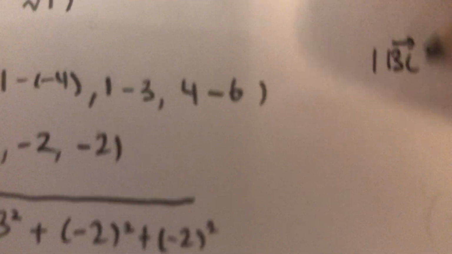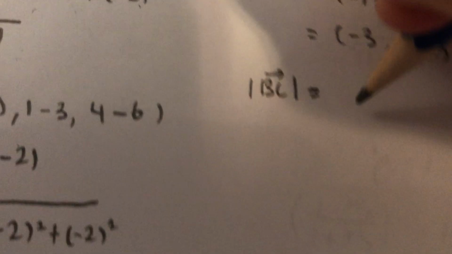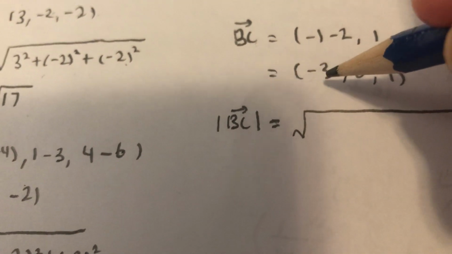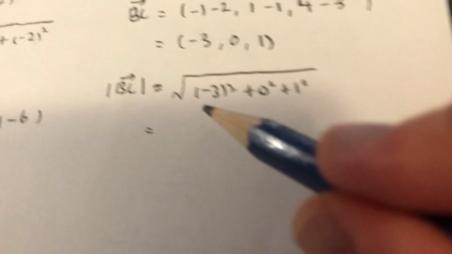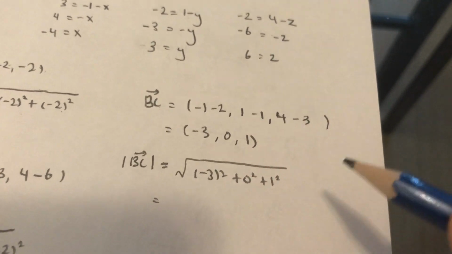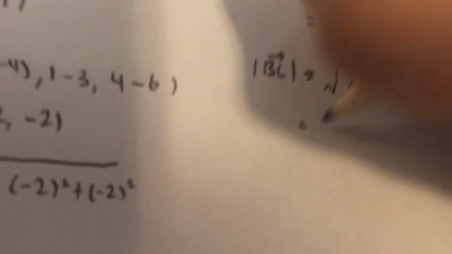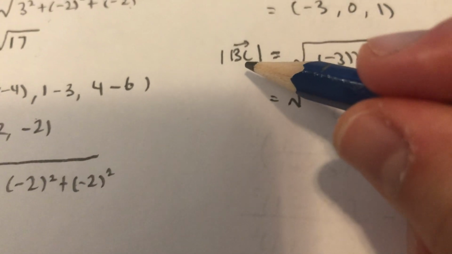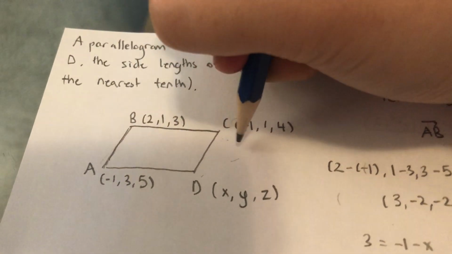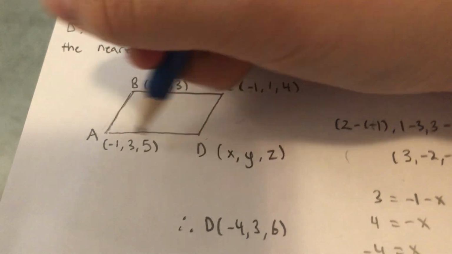So the magnitude of vector BC, that would be the whole thing square rooted, and then we need to square the x value, so -3 squared plus 0 squared plus 1 squared. And when we do that, -3 squared, that gives us 9, plus 0, that's just 9 again, and then plus 1, 9 plus 1 is 10. So the magnitude of vector BC should be root 10. So this length here should be root 10, which means that this length here should also be root 10.